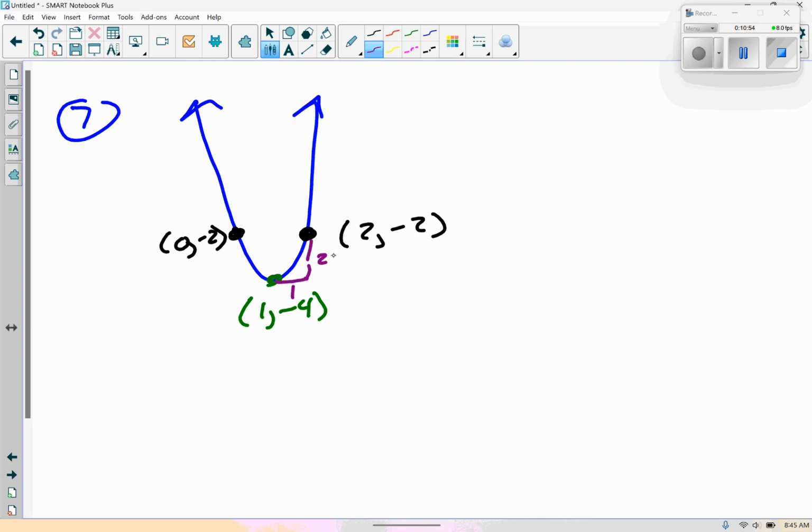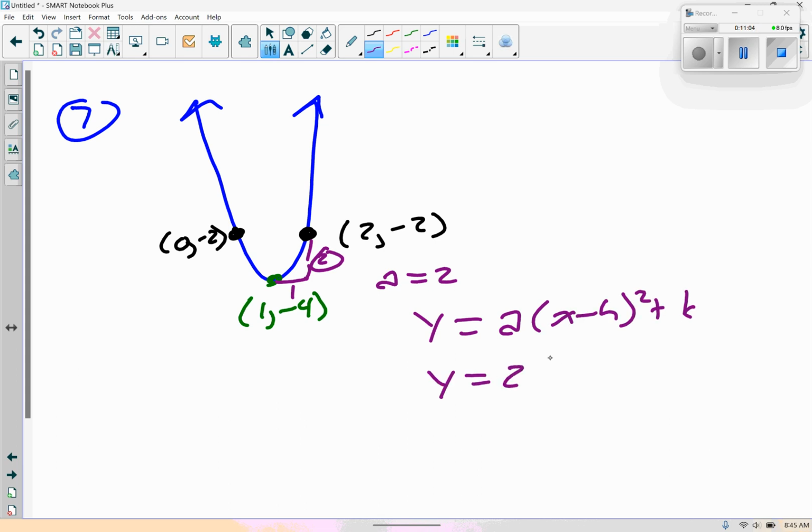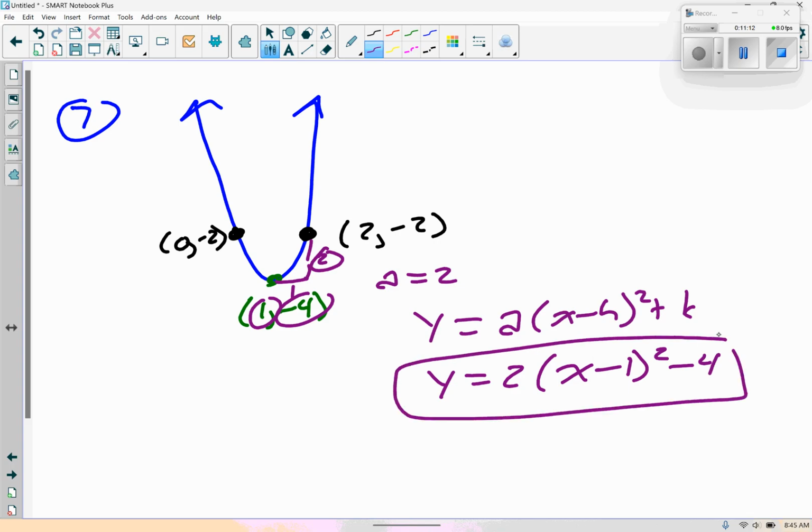So that means our a value, because we went up 2, is going to be 2. So when we plug into this equation, I get y equals 2(x. Notice that's a +1, so it's a -1 there. That's a -4. It stays -4 right there. There's our equation.